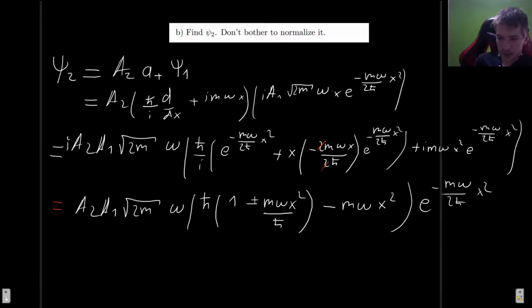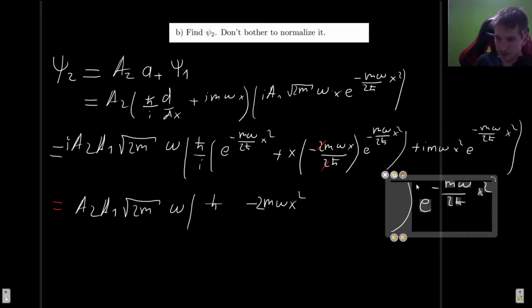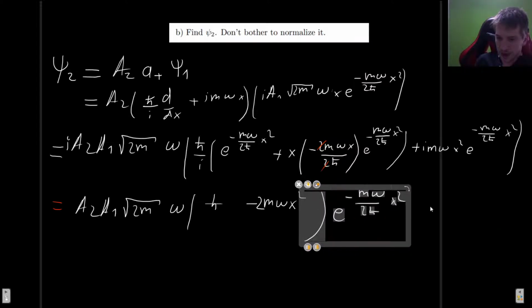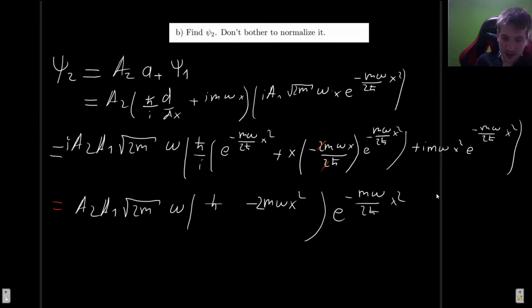Now what we can do is just multiply this parenthesis out. The first term is just h bar, and in the second one, it's going to cancel out this denominator here. So we get minus m omega x squared and 2 times, so we can just put that 2 in front, minus 2 times this. And now we can just put this over here. Basically this is our result.